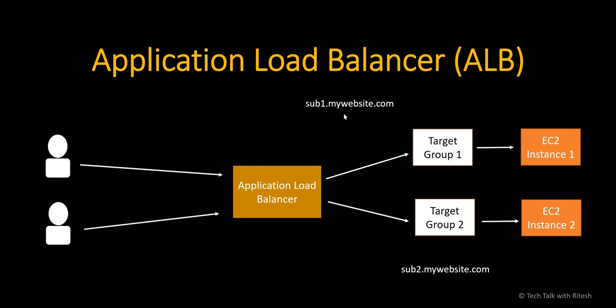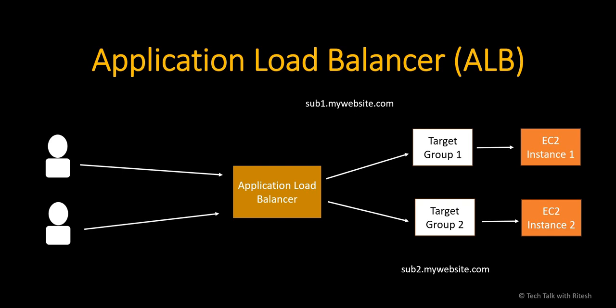And the third use case for application load balancer, which is for domain. And for my application, I have two subdomains, sub1.mywebsite.com and sub2.mywebsite.com. What will happen if the user is trying to access this subdomain? Then all the requests will be routed to this target group. Okay, and if the user is trying this subdomain, then the request will be served via this target group, and it is helpful. So for example, my application architecture is, there are different subdomains, right?